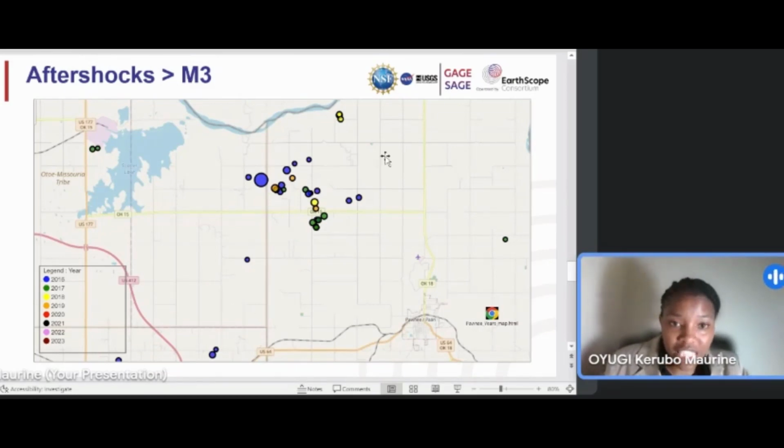But in 2019, we see that they are now starting to occur closer to the magnitude 5.8 earthquake of 2016, and specifically the closest one is of magnitude 3.8, which is significantly big. This HTML can be interacted with from the attached document.